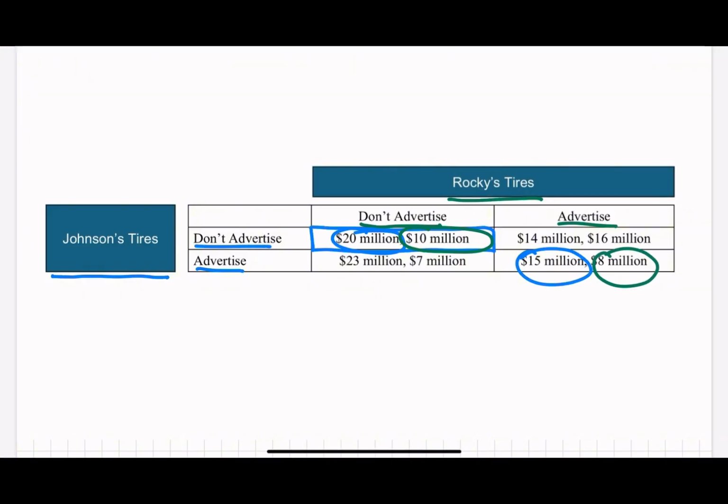And so the question is, based off of this structure of the strategies and the payouts, what would each company choose to do? Well, let's first look at Johnson. Johnson's going to assume that Rocky is going to not advertise. In that case, Johnson has the choice between the strategy of don't advertise and advertise.